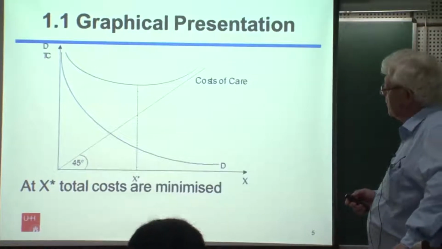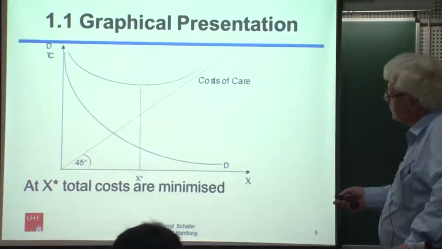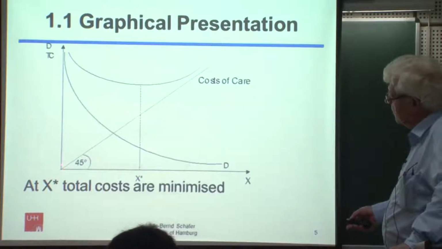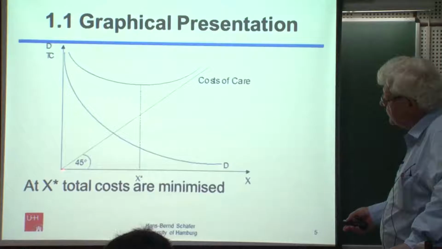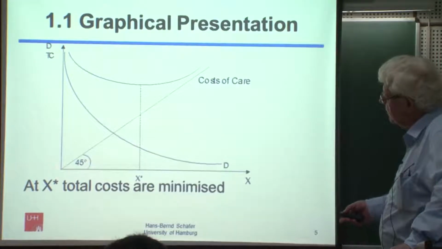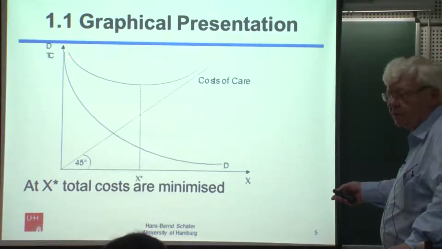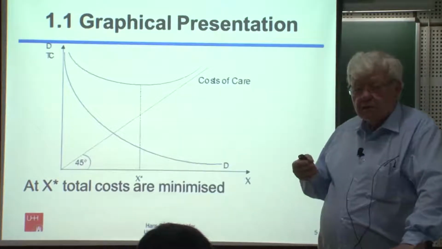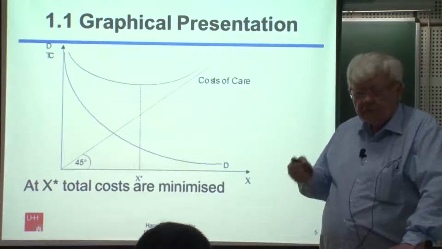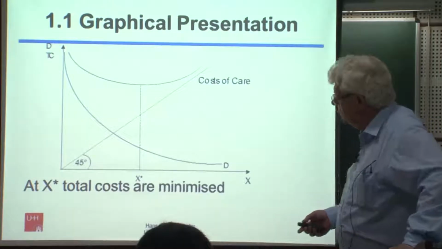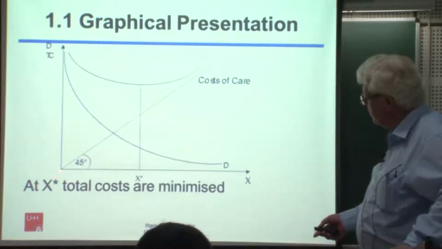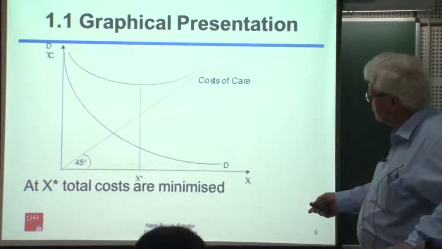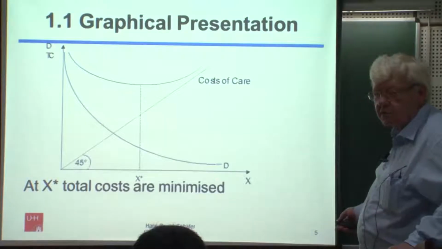Okay. Now the damages. Look at the damages. Here, these are the damages. If the cost of care is 0 here, then the damages are very high, right? And the damages fall, they are reduced with the level of care. So the more care we have, the lower are the expected damages.